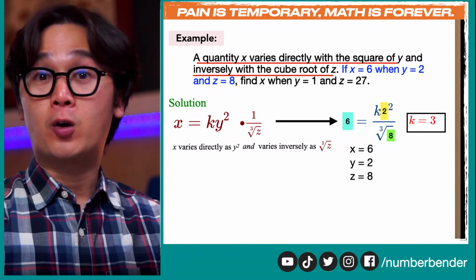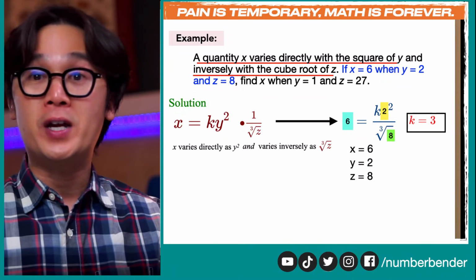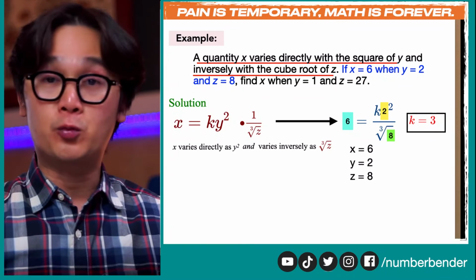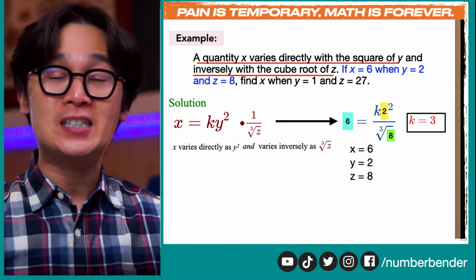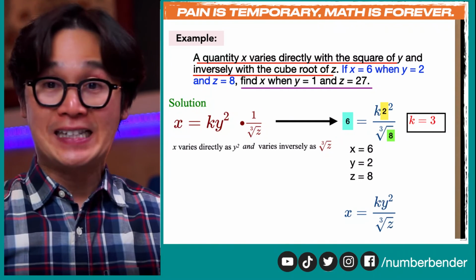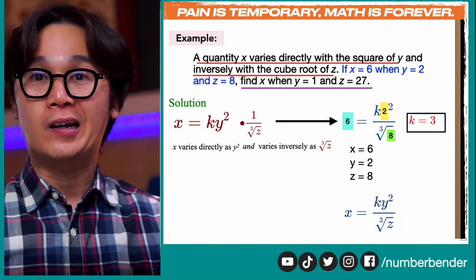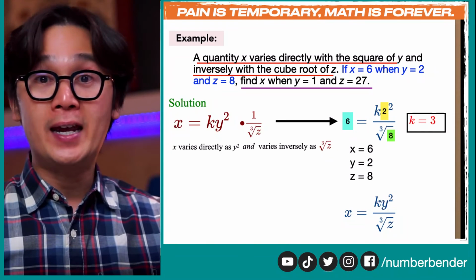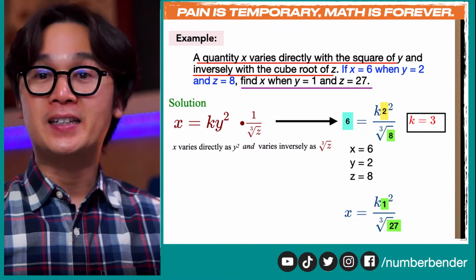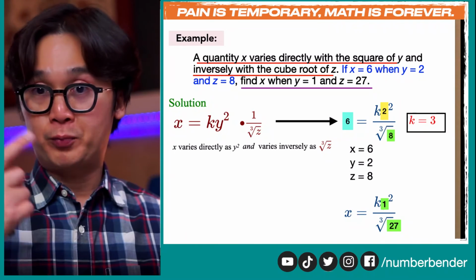The last part of our word problem is to find x when y is equal to 1 and z is equal to 27. So the formula we're going to use is x is equal to ky squared all over the cube root of z, but this time we replace y with 1, z with 27, and k with 3, which we found from our previous work.